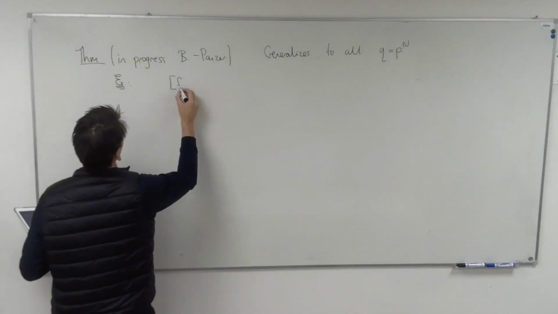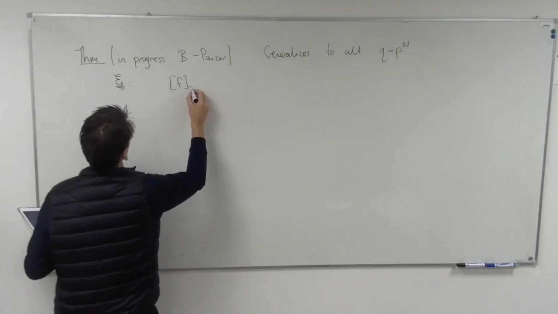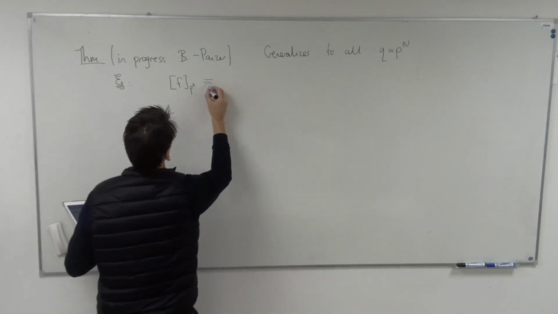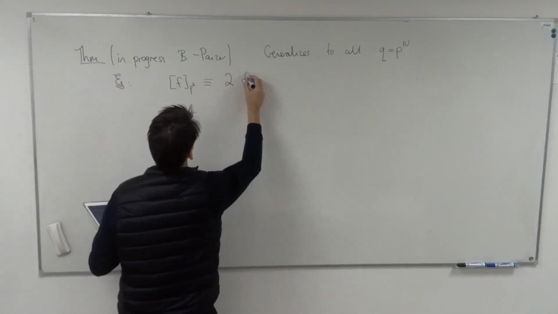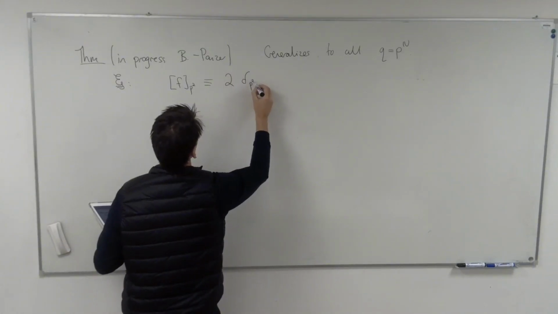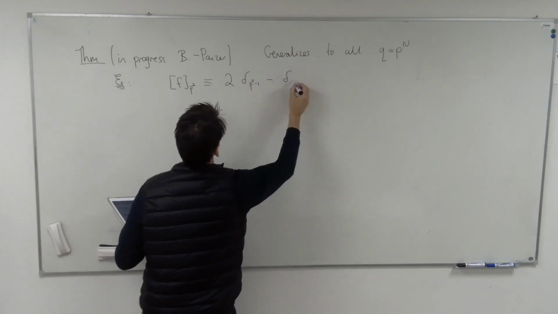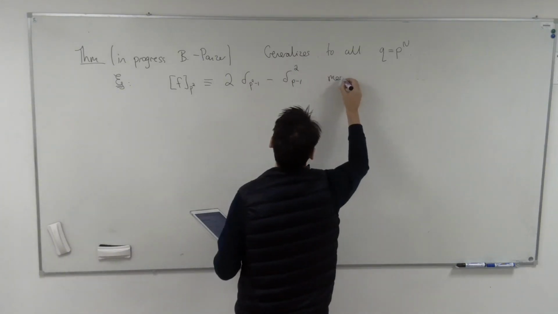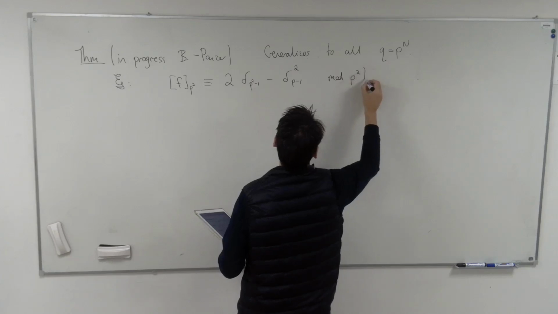Let me just give two examples. If you want to count points over F_p squared, then this is congruent to 2 delta p squared minus 1 minus delta p minus 1 squared mod p squared.